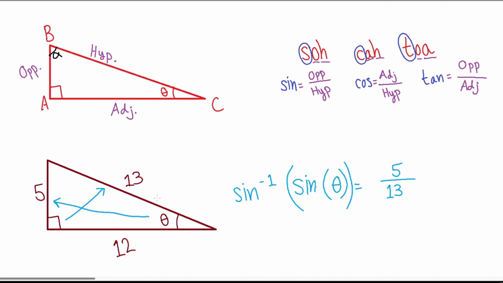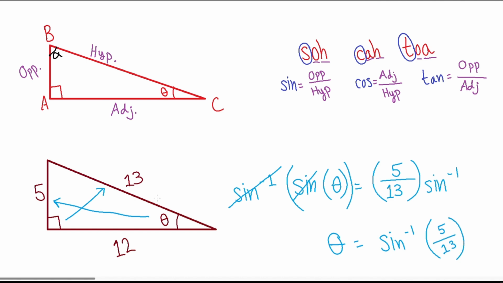So if we take the inverse sine of the sine of theta, the inverse sine and the sine would cancel out, leaving theta. And obviously, we have to do this on both sides. So theta would be equal to the inverse sine of 5 over 13. And if calculated, we're going to get the value of theta.